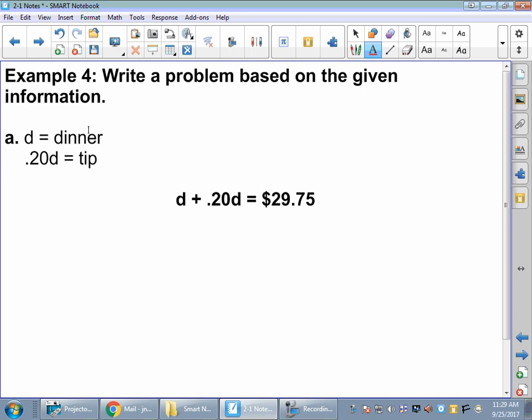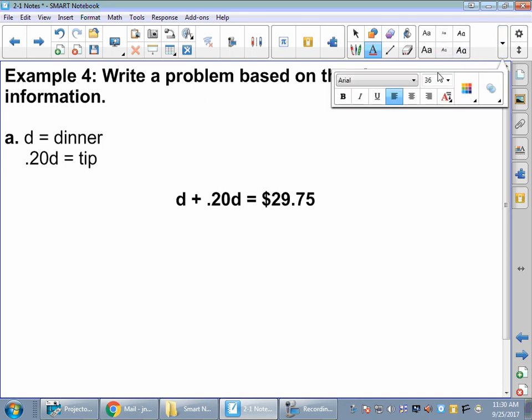Another one here, we've got D is equal to dinner, and then 20 cents times D is the tip, or not 20 cents, but 20% if you wanted to say. So D represents dinner, and then plus the tip. So that would be my total bill there, if that's what you're looking at.